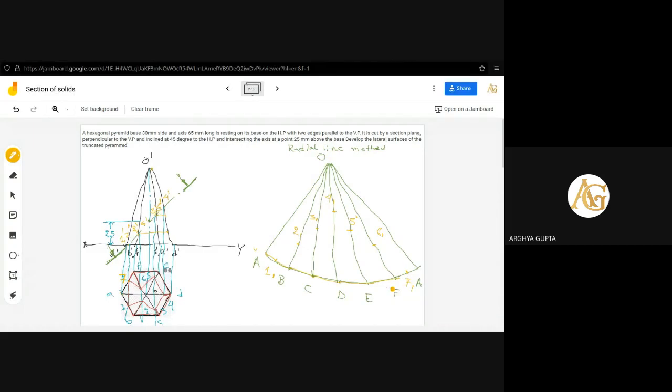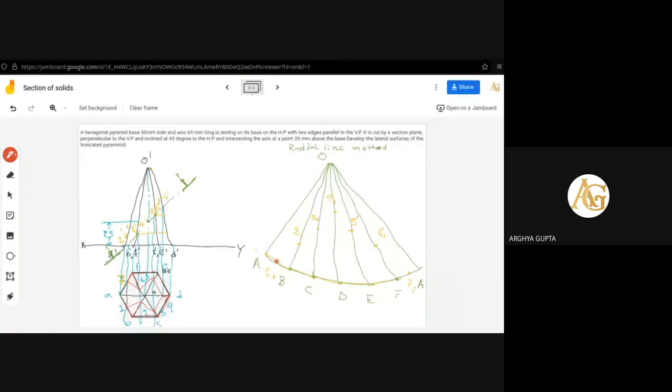So after finding all the points, now you have to join the points with a continuous thick line. 1 to 2, 2 to 3, then 3 to 4, 4 to 5, 5 to 6, 6 to 7. And these lines also: 1 to B, then B to C, C to D, D to E, E to F, and A to 7.